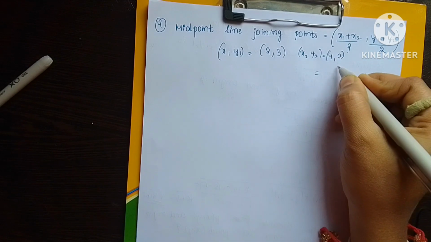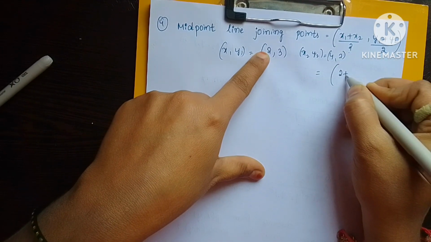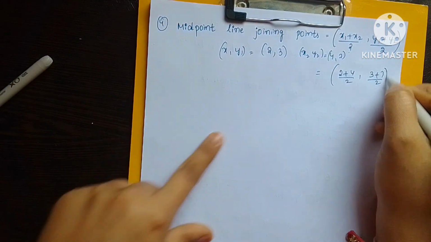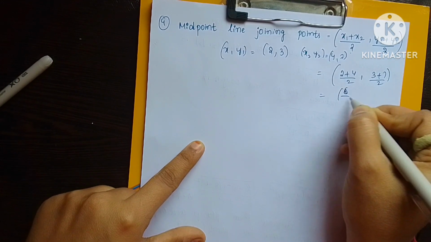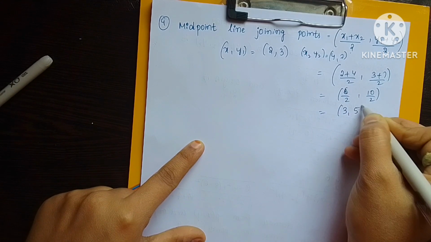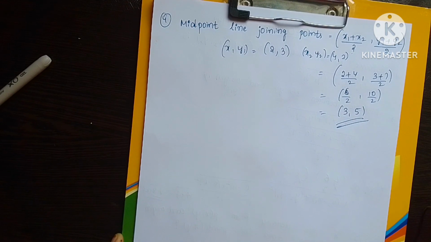So how can we do this? x1 is 2 plus 4 by 2, comma 3 plus 7 by 2. So 6 by 2 comma 10 by 2, that is (3, 5). This is the midpoint formula.